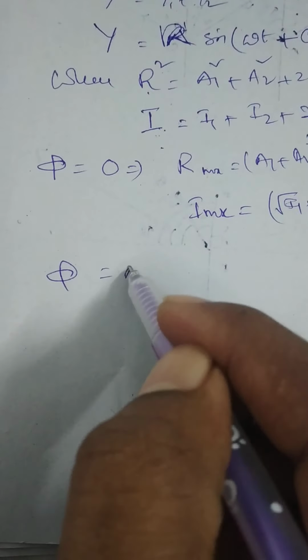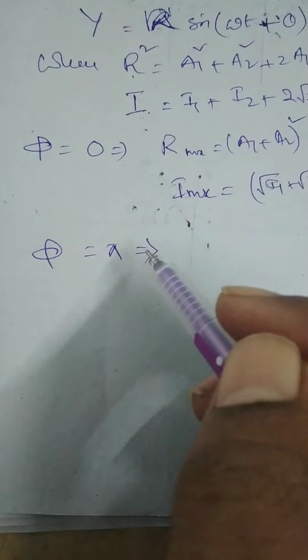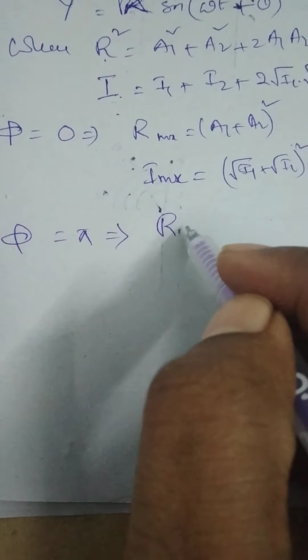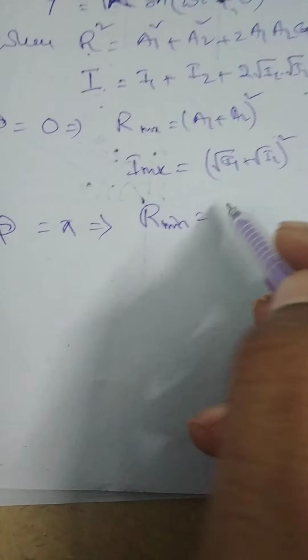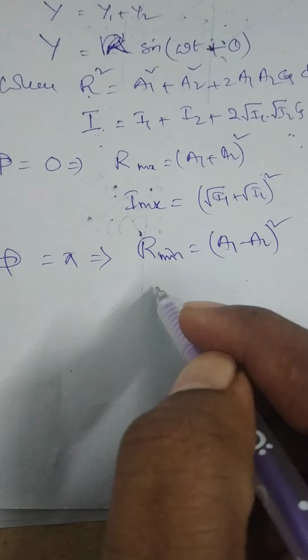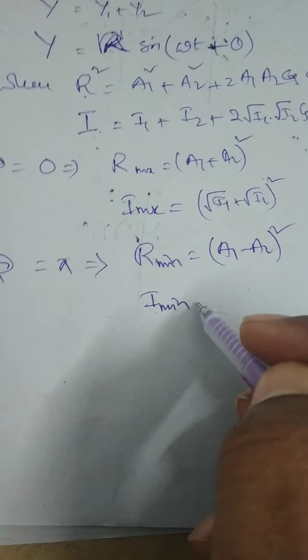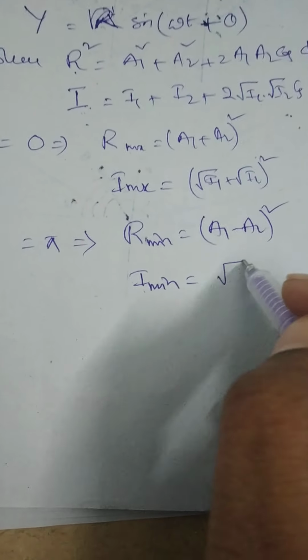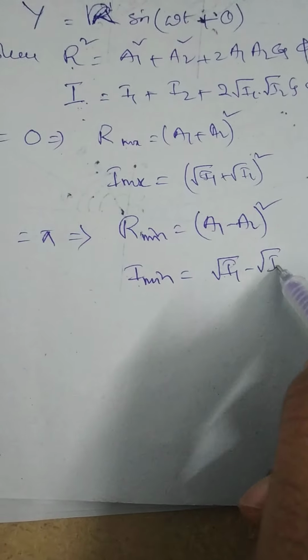If phi is equal to 180 degrees, that is pi radians, the amplitude will be minimum, a1 minus a2 whole square, and the minimum intensity is equal to root I1 minus root I2 whole square.